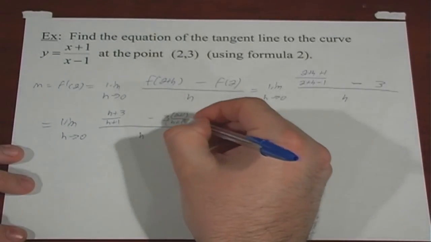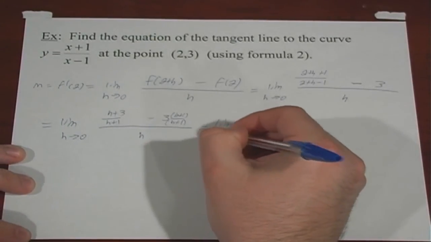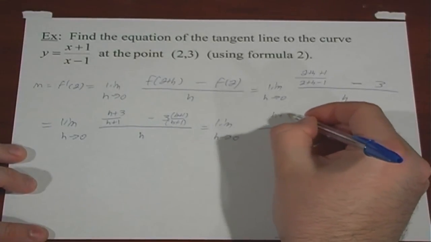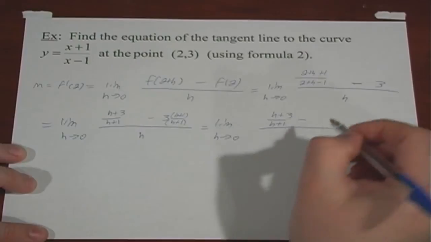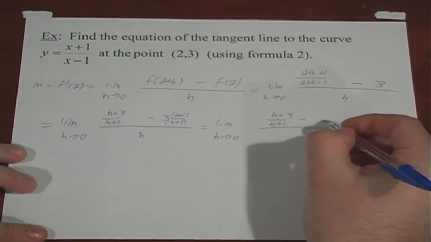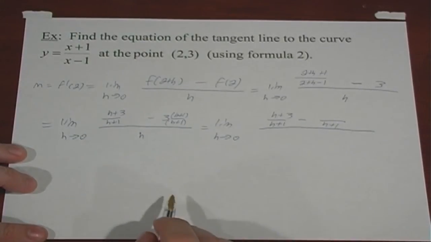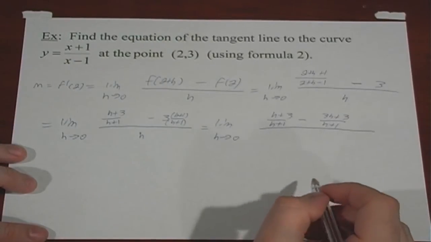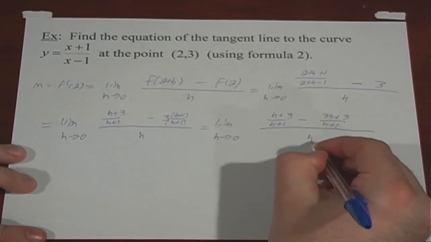Okay. And then we get, let's see, h plus 3 times h plus 1, minus, now here I'm going to distribute the 3 up there. The denominator is h plus 1. Don't distribute the 3 down there. But this is 3h plus 3 over here. Well, I left the minus sign here. We'll deal with that in a second.